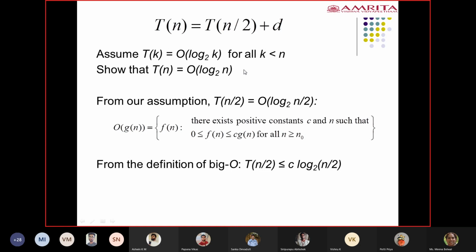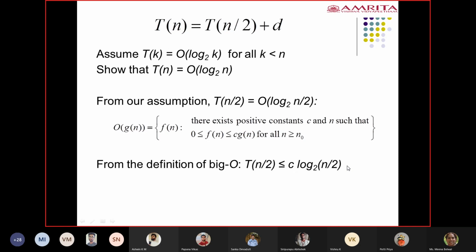Then we said, let me take k as n/2, so T(n/2) is O(log(n/2)) base 2, because n/2 is less than n, and we have said that for all values less than n it is true. Now once we are saying this, T(n) is equal to O(g(n)). That means f(n) is equal to O(g(n)), which means f(n) is less than or equal to c·g(n).